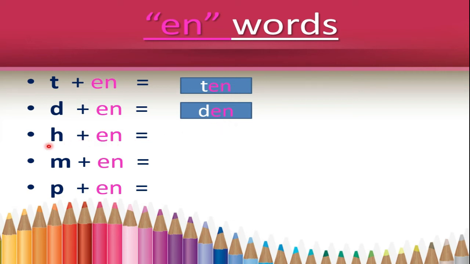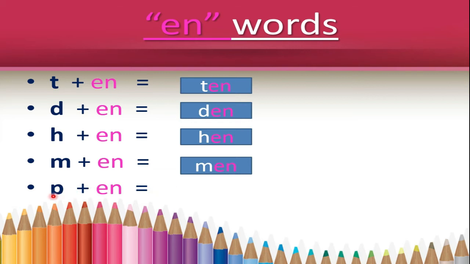When H is joined with EN, it forms hen. H-E-N, hen. When M is joined with EN, it forms men. M-E-N, men.